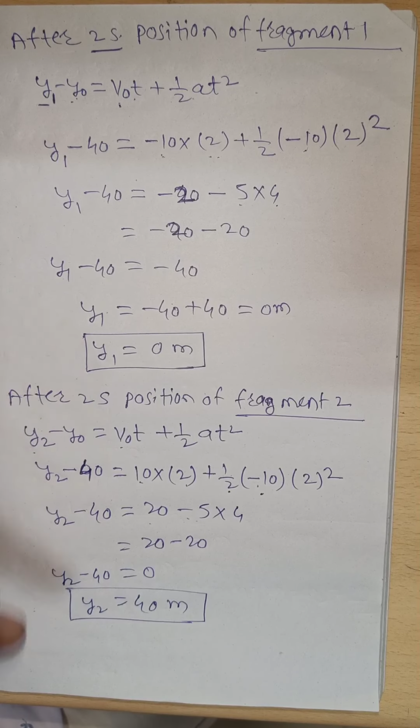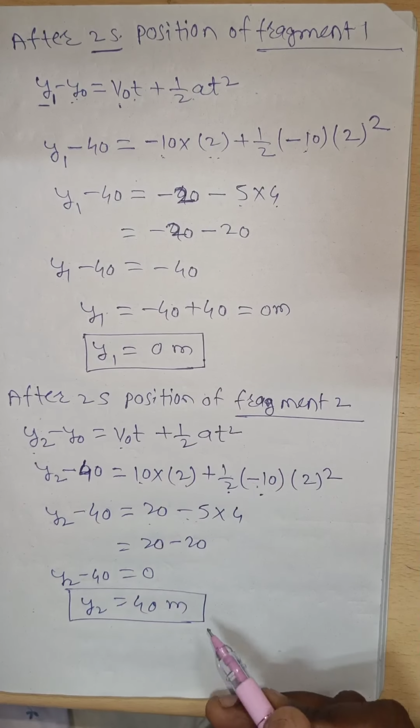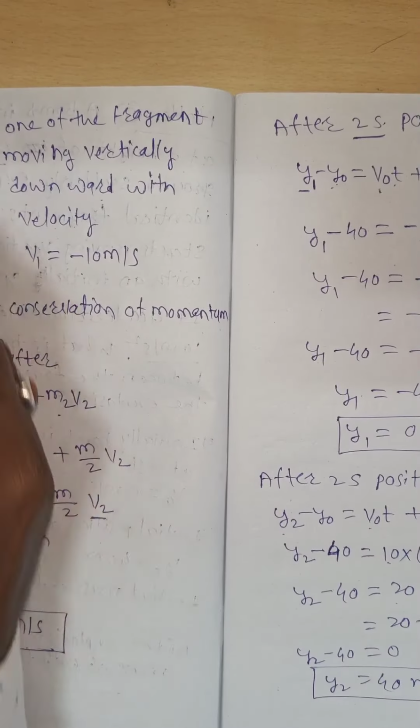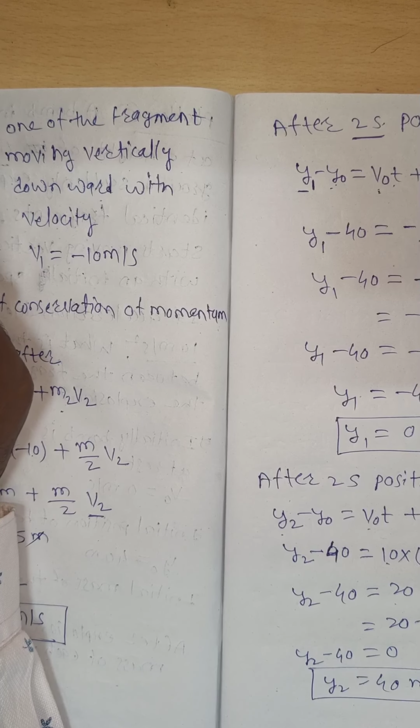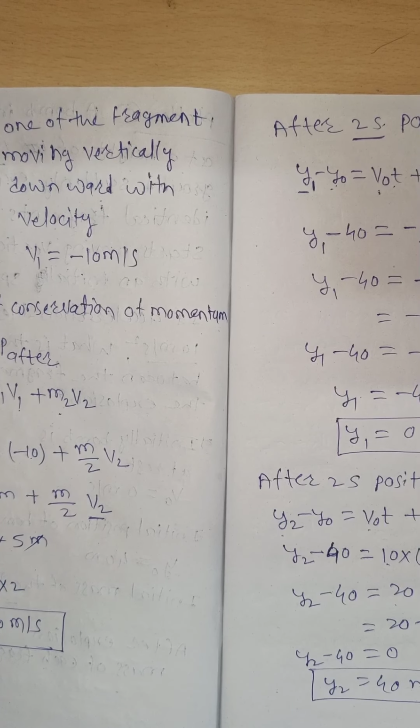Therefore for the difference between the two positions, the first fragment is at the ground and the second fragment is at a height of 40 meters, after 2 seconds of the explosion.